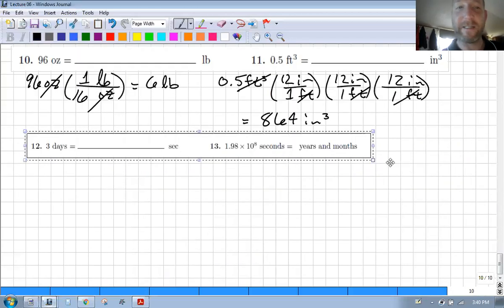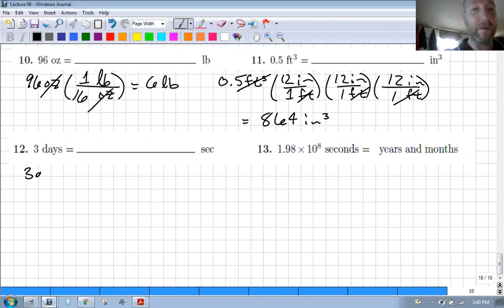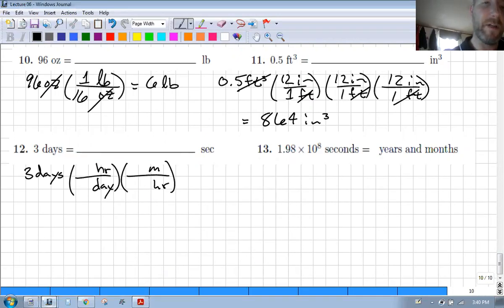Days to seconds. 3 days. Let's get rid of days. I know how many hours are in a day. And get rid of hours, so I know how many minutes are in an hour. And get rid of minutes, because I know how many seconds are in a minute. 1 day is 24 hours. 1 hour is 60 minutes, and 1 minute is 60 seconds.